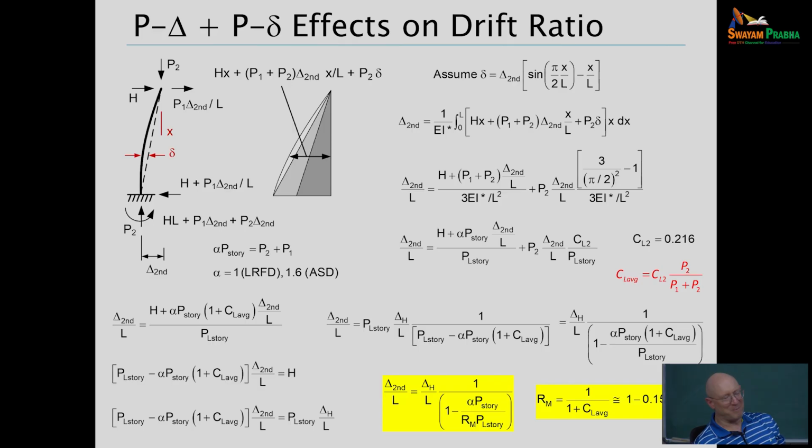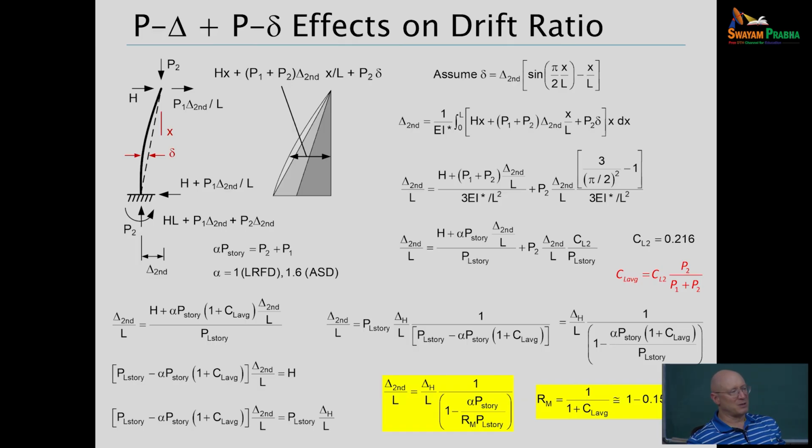Now, what are we doing with all that? So notice the CL term, the RM term, it's all dealing with P small delta effects, but it's a side sway problem. So RM, or previously LeMessurier's CL, is dealing with what's the influence of P small delta in my columns on the large delta.